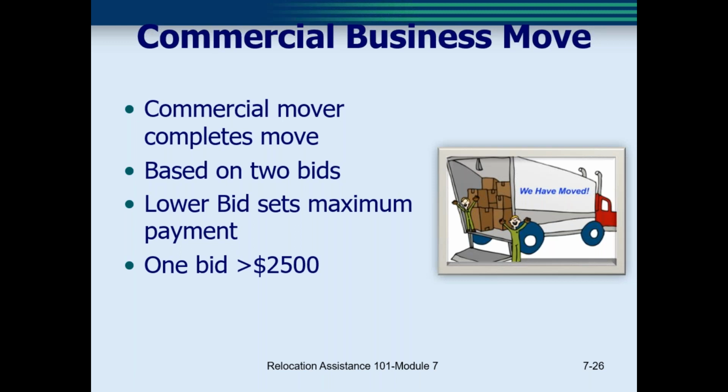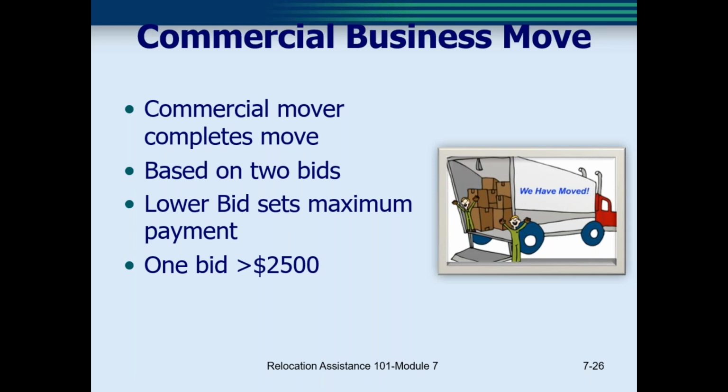So, for example, Joe's Movers may submit a bid for $19,000, and Al's Movers may submit a bid for $22,000. The agency would agree to reimburse up to $19,000. Can the displaced business select Mike's Movers to complete the move? Yes, they can select another mover.